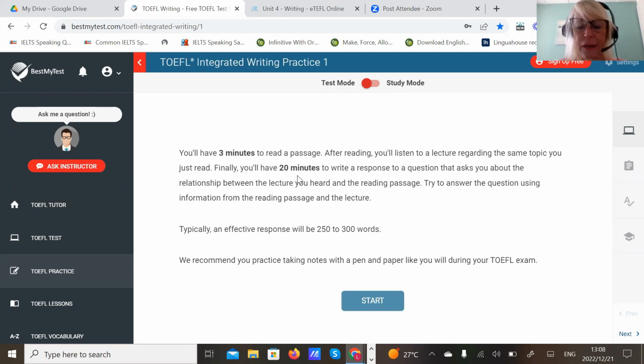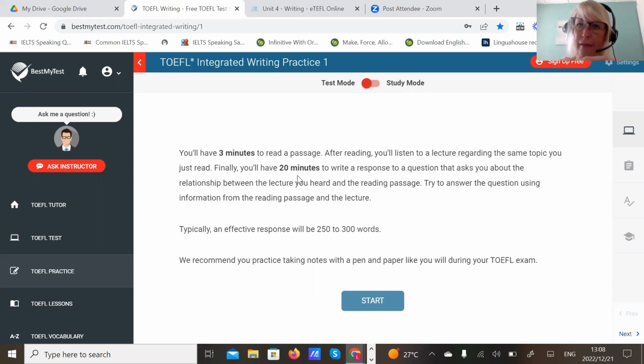As with the speaking last week, they quite often contradict each other between what they've read and what they've heard. There's quite often a contradiction between those opinions. And then in the essay, they need to mention that contradiction.